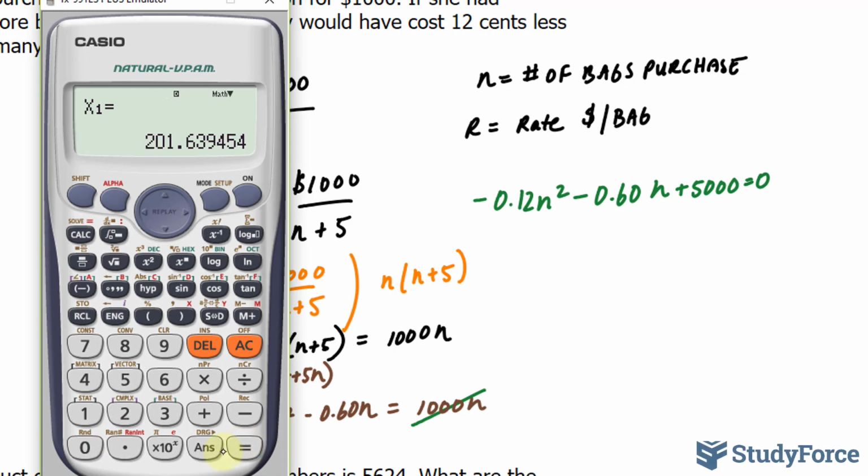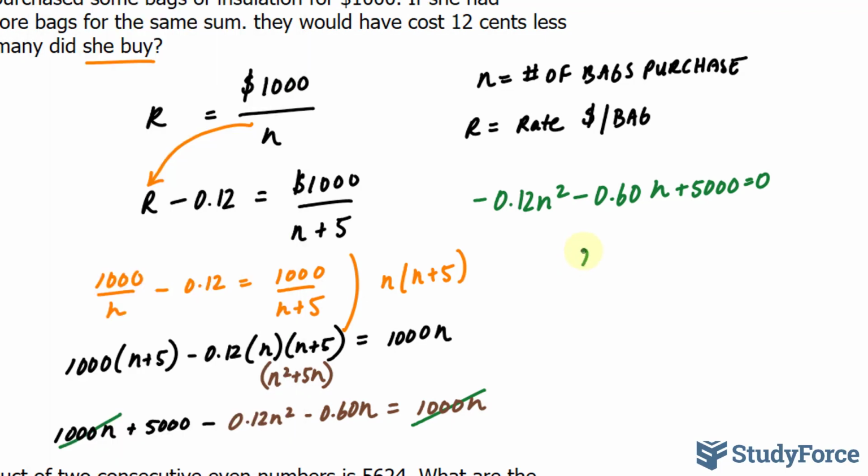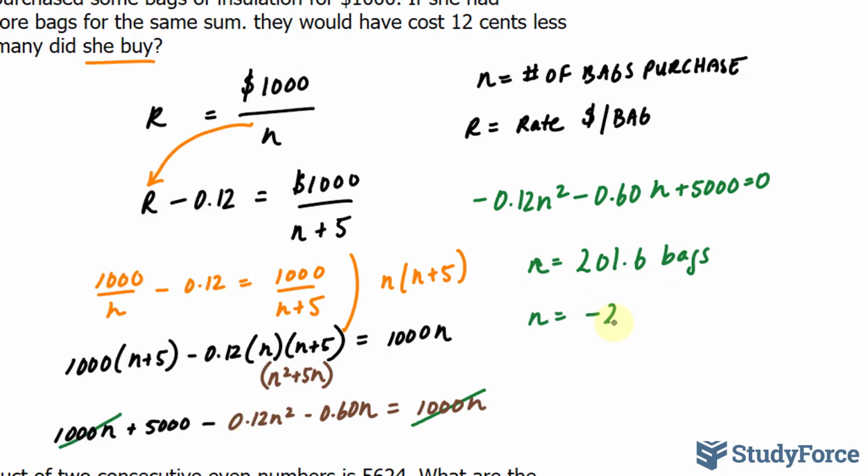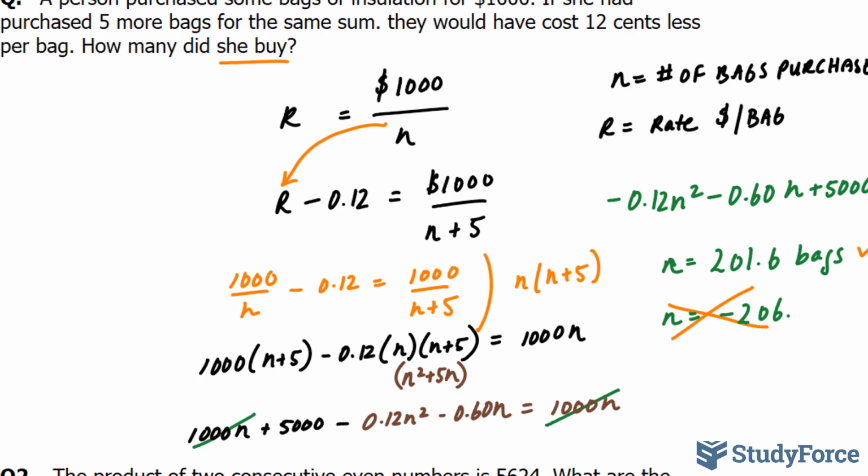My first solution is 201.6, and my other solution is negative 206.6, which of course we can discard and not use. So I'll put an X through this and say that she purchased 201 bags. That's the answer to question 1.